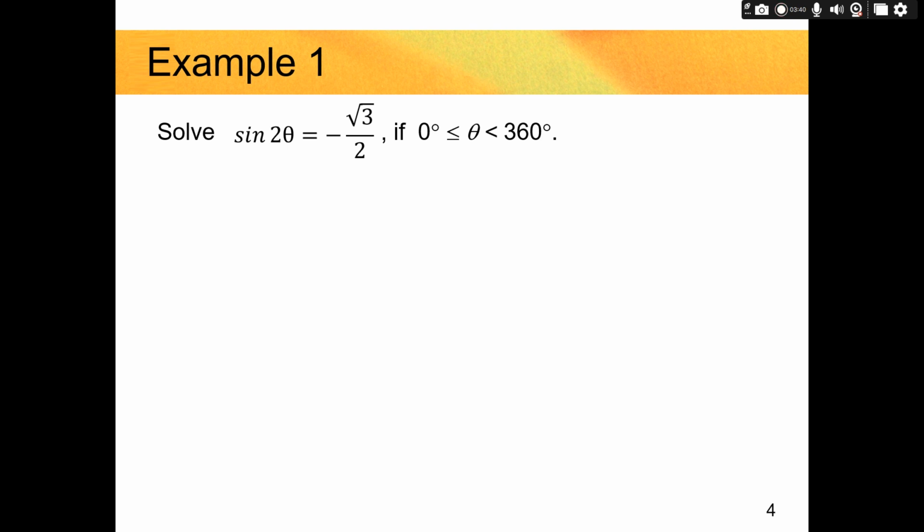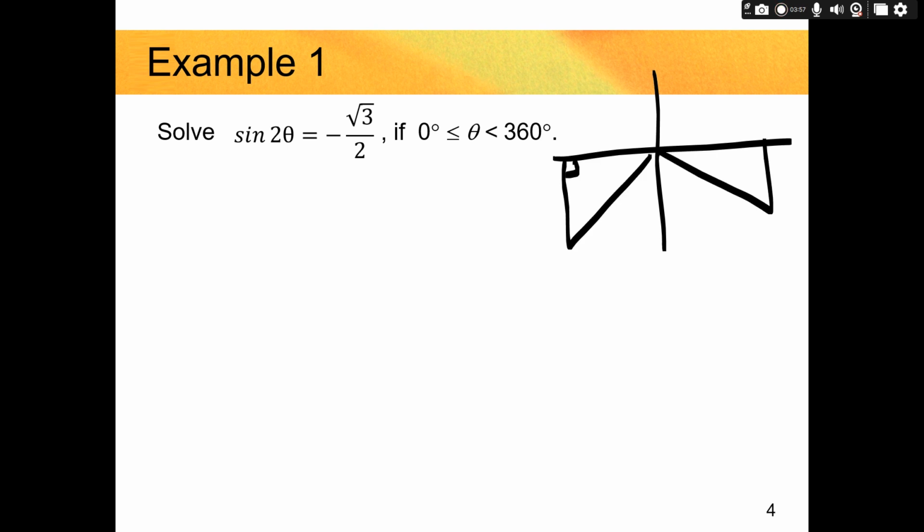Sine is going to be my y coordinate on the unit circle, so y coordinate negative root 3 over 2. 240 and 300. Do you guys agree there? Yep.